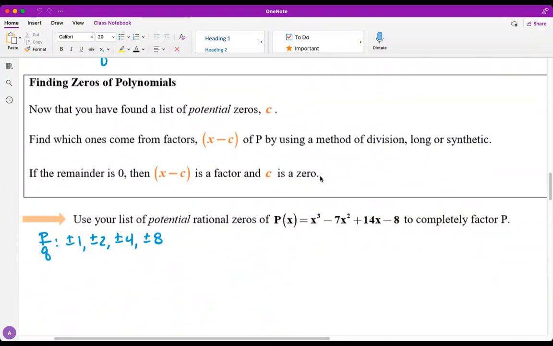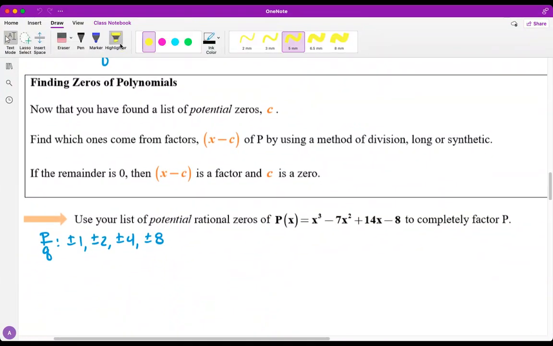Here's the actual instructions, and if you're going to write down anything today, let it be this. If the remainder of dividing a polynomial by a test factor, so whatever factor you're trying to test at the time when you're doing your guess and check, if the remainder when you divide it is 0, then the thing that you were testing is a factor of p, and the c, the 0, is a 0 of p, which tells us it is an x-intercept.